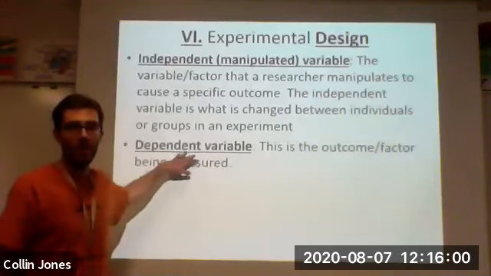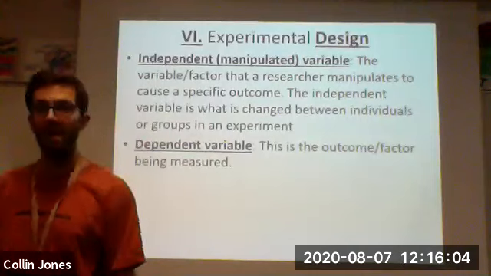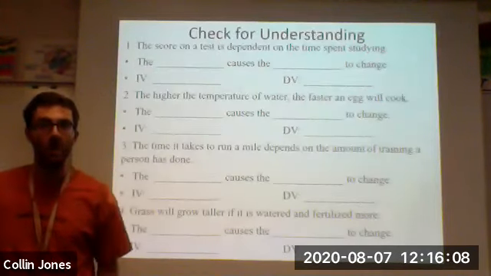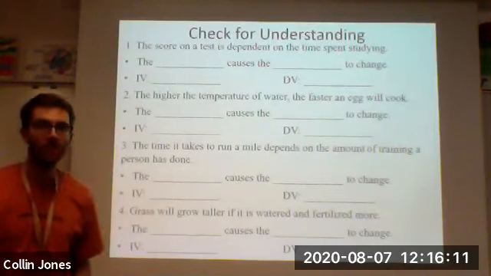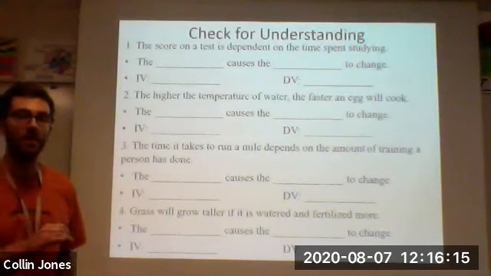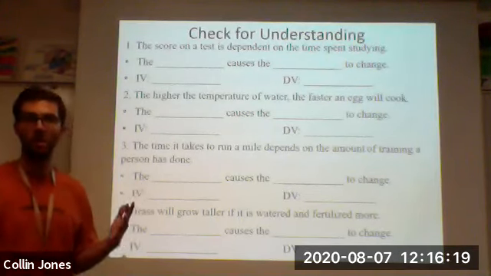The dependent variable is, what's the result? What happens next? What's the outcome? What is being measured, okay? So the IV and the DV. So some practice for you. I got 4 scenarios here. The first one says, the score on a test is dependent on the time you spent studying. That makes sense. That's a cool conclusion.